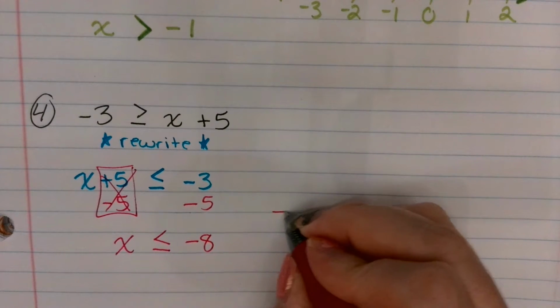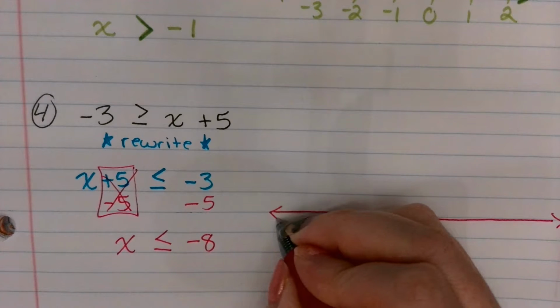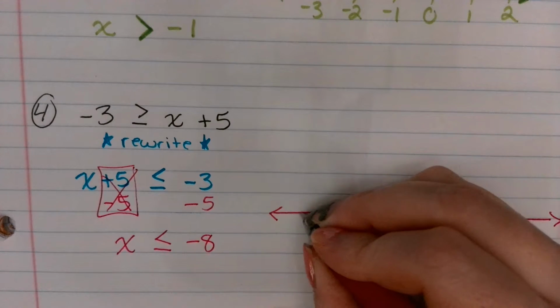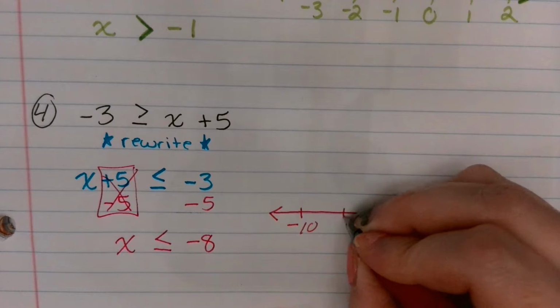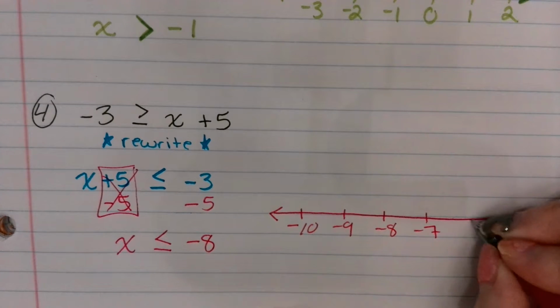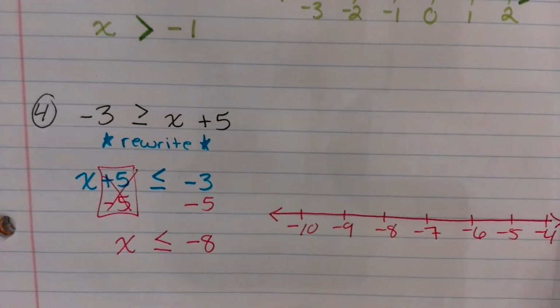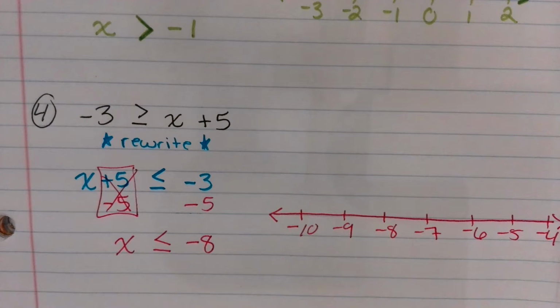Okay, so if we do a quick graph, so maybe I have a -10, -9, -8, -7, -6, -5, -4. Okay? Has the equal to sign underneath it.